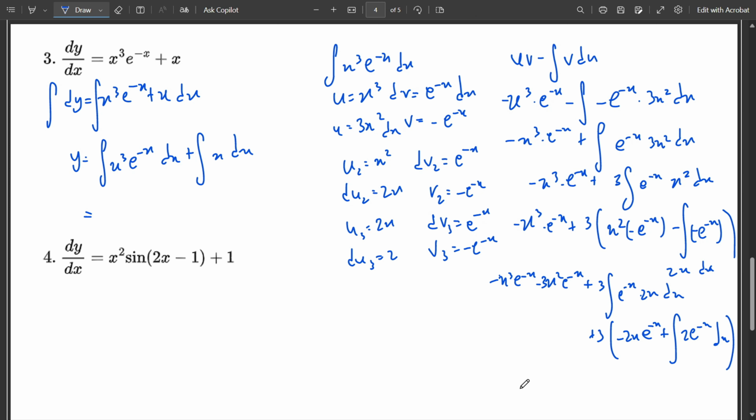And this is negative x cubed e to the negative x minus 3x squared e to the negative x plus 3 times this one, and negative x cubed e to the negative x minus 3x squared e to the negative x minus 6x e to the negative x plus, well, 2 times the integral of e to the negative x is just negative 2 e to the negative x plus a constant.